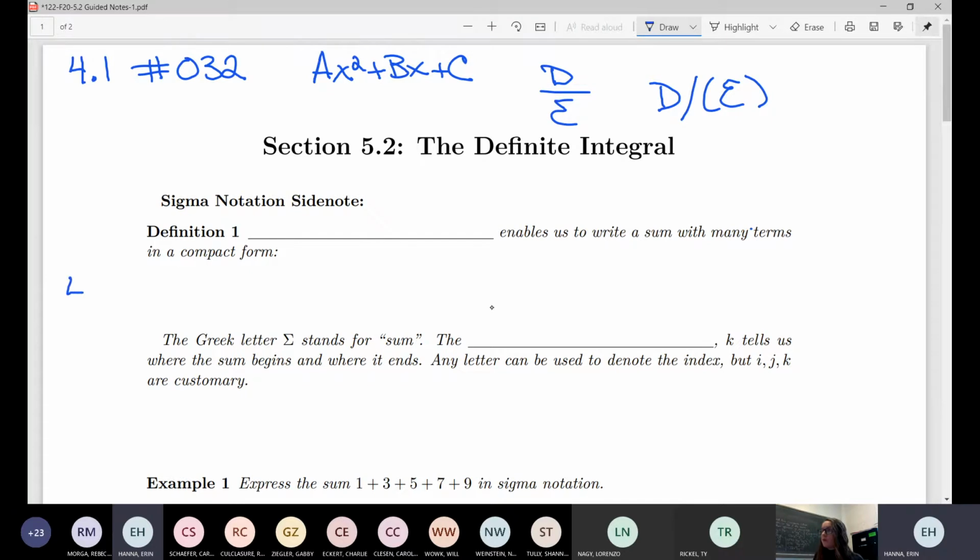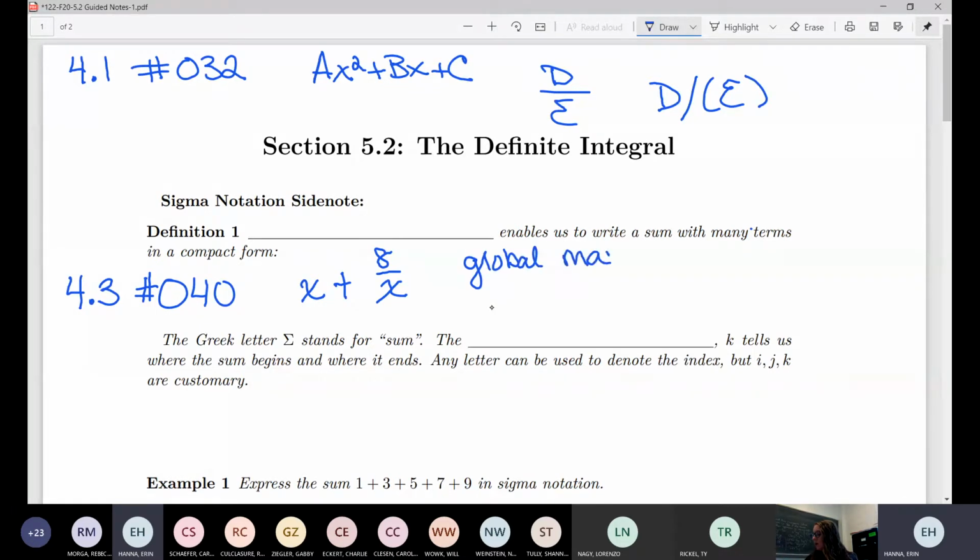So then 4.3, number 40, you'll have some kind of equation. It changes for everybody, but you'll have some kind of equation that looks something like this. And you're asked to maximize or minimize it. And it specifically says global max min values. So it's a very nuanced thing.